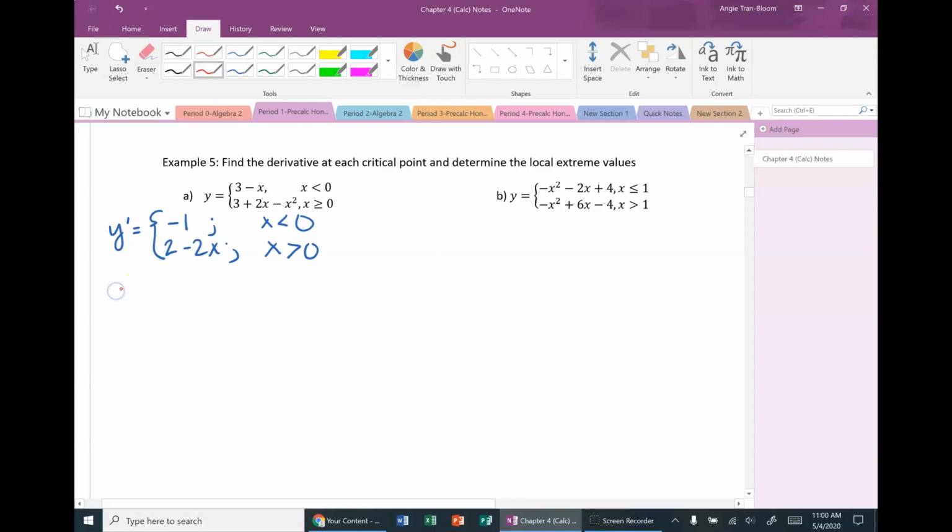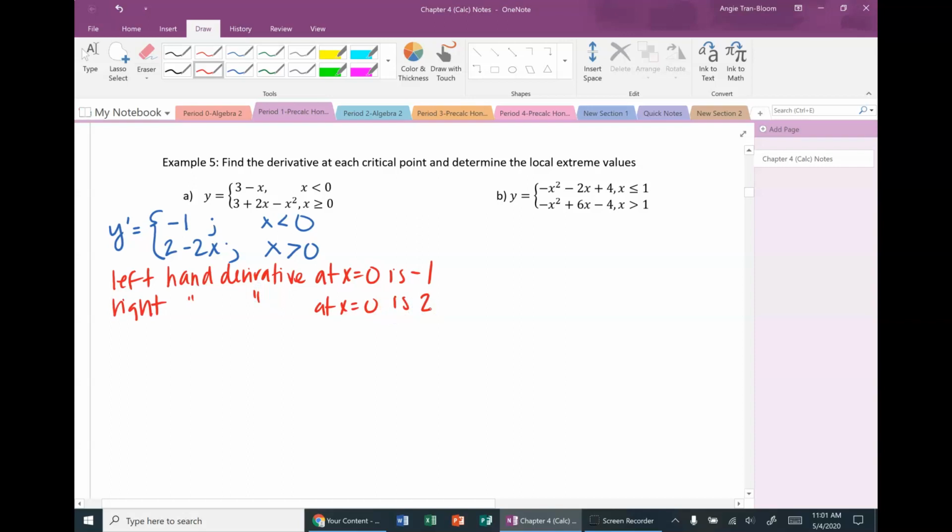Now, the left-hand derivative at x equals 0 is -1, the right-hand derivative at x equals 0 is 2.